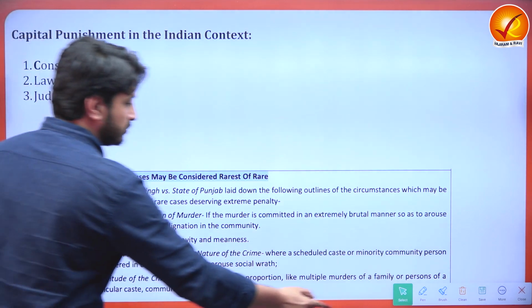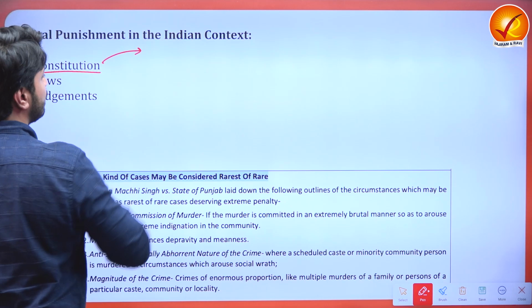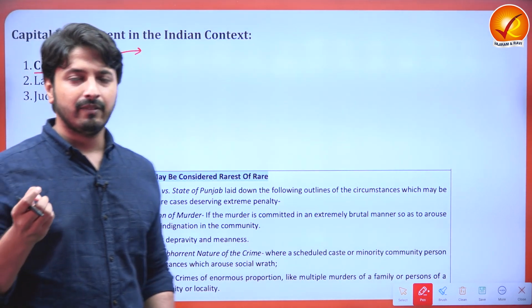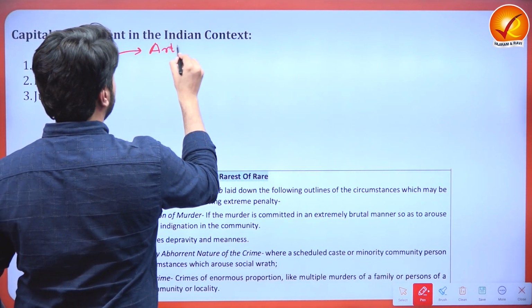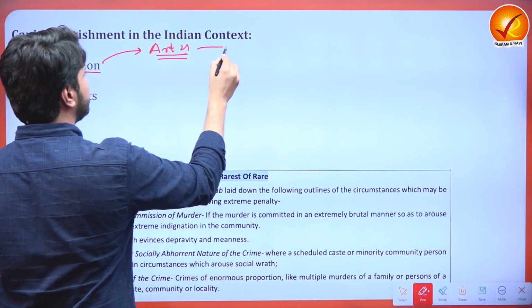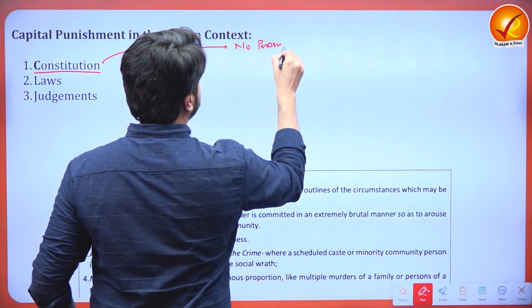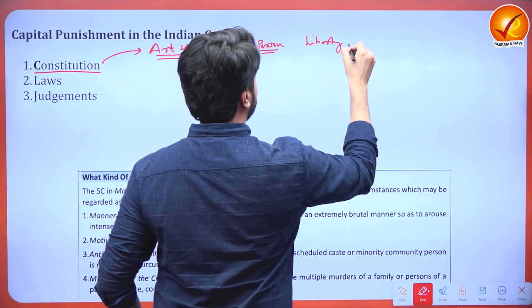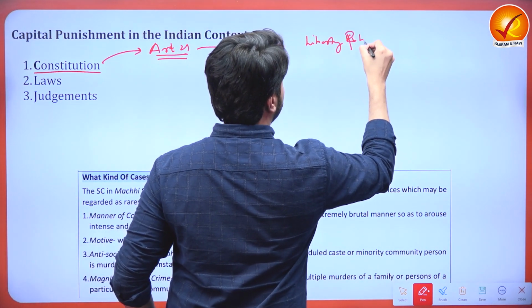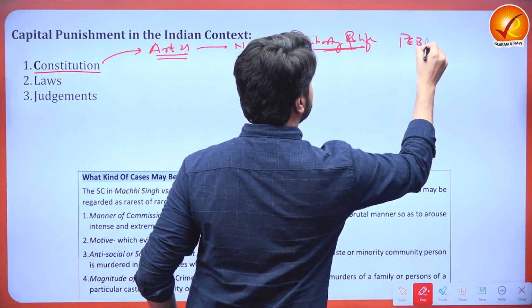So what does the constitution say about it? Under the constitutional framework, capital punishment is valid. How? Under Article 21 of the constitution of our country, no person shall be denied their personal liberty and life except under the procedure established by law.